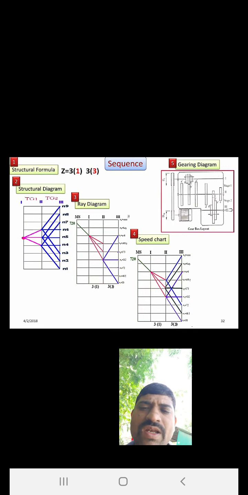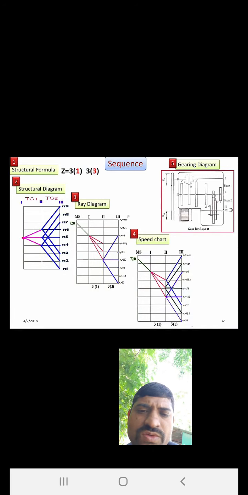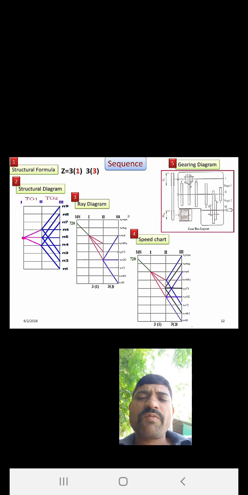Choose any one value for the input speed. I have chosen N5 as the input speed, and that is connected from the first shaft to the second shaft. Then in a similar way you have to choose the last value, the N1 value. These are connected to the minimum value.